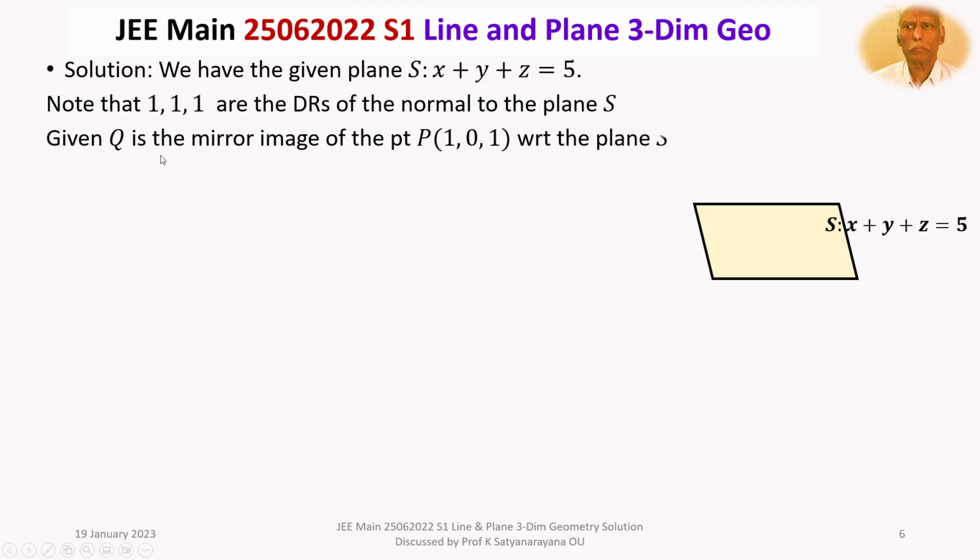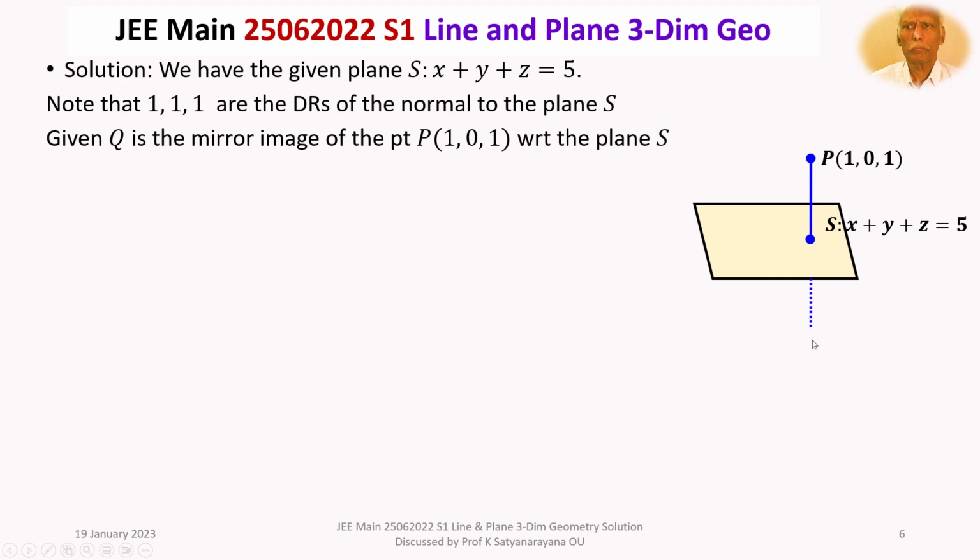We are given Q is the mirror image of the point P whose coordinates are 1, 0, 1 with respect to the plane S. Look here. This is the point P with coordinates 1, 0, 1.